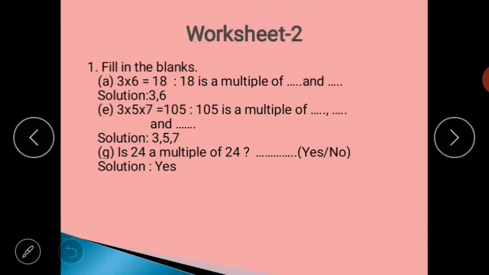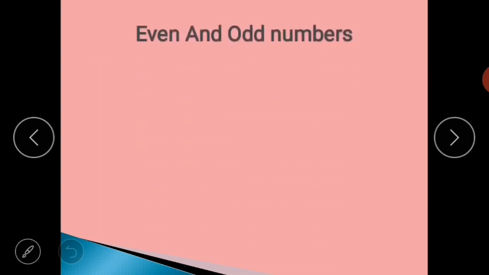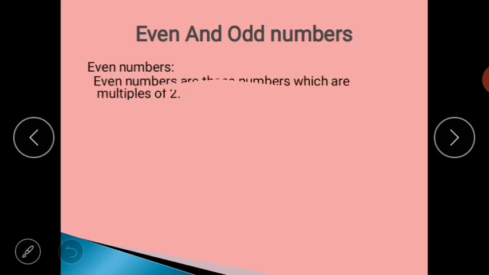Now we have to learn about even and odd numbers. What is an even number? Even numbers are those numbers which are multiples of 2. For example, 2, 4, 6, 8, 10.